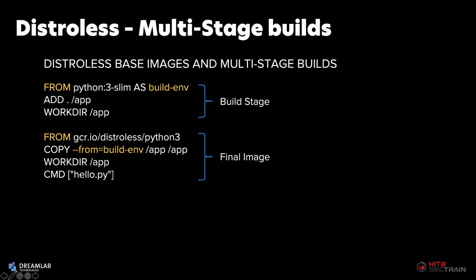So for example, here we have one stage to build, configure, or whatever is necessary for our application, and then we copy the final binary into the final image, right? So this final image will contain only the application itself and its runtime dependencies.